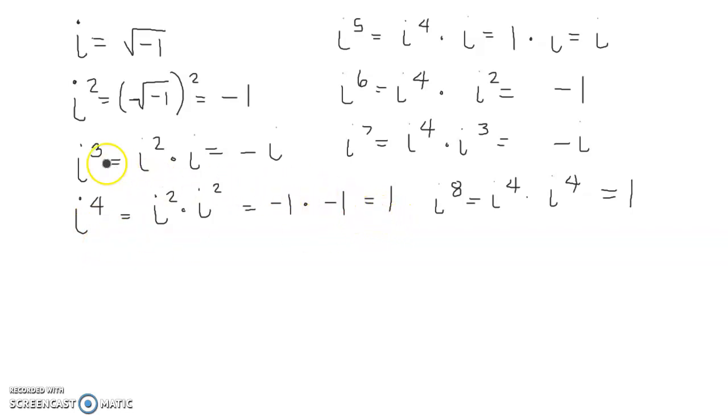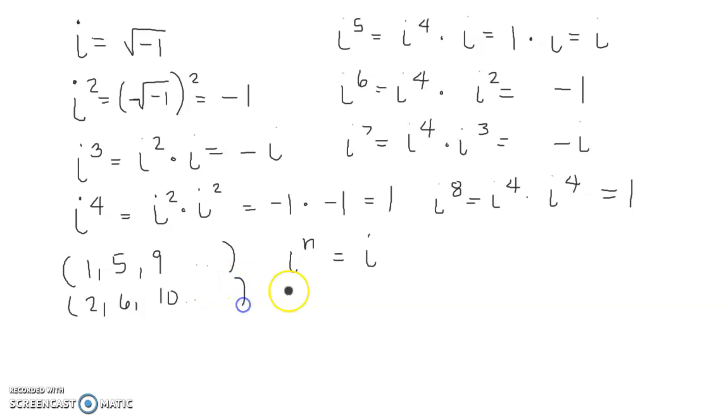If our exponent is 1, 5, 9, and so on, the value of i raised to n is equivalent to i. If the exponent is 2, 6, 10, and so on, the value of i to the n is equivalent to -1.